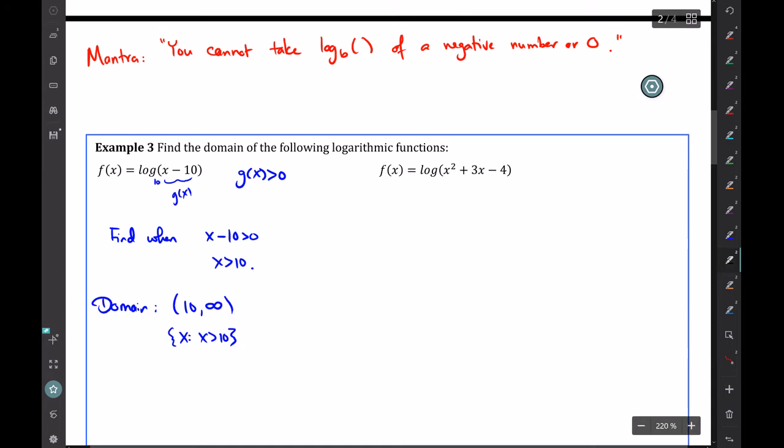Okay. Now in the second example, we have f of x is log of x squared plus 3x minus 4. And again, we're looking for where g of x is greater than 0.